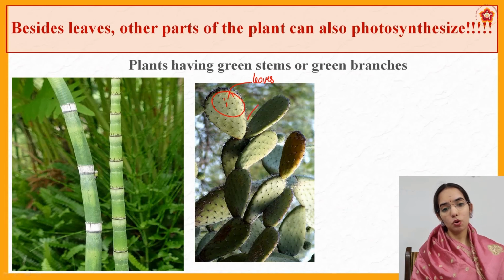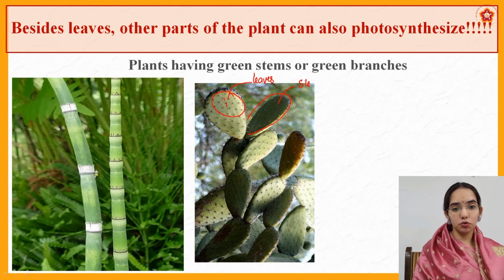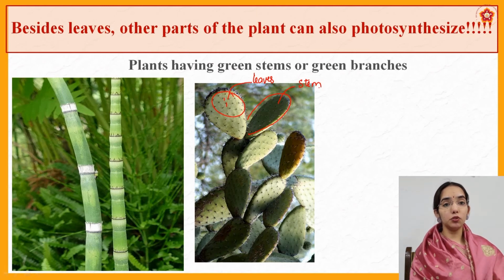And this entire structure, this is the stem. So don't get confused. Don't think that this entire flattened structure is the leaf. No, the spines on this plant are the leaves, and this flattened structure is the stem.